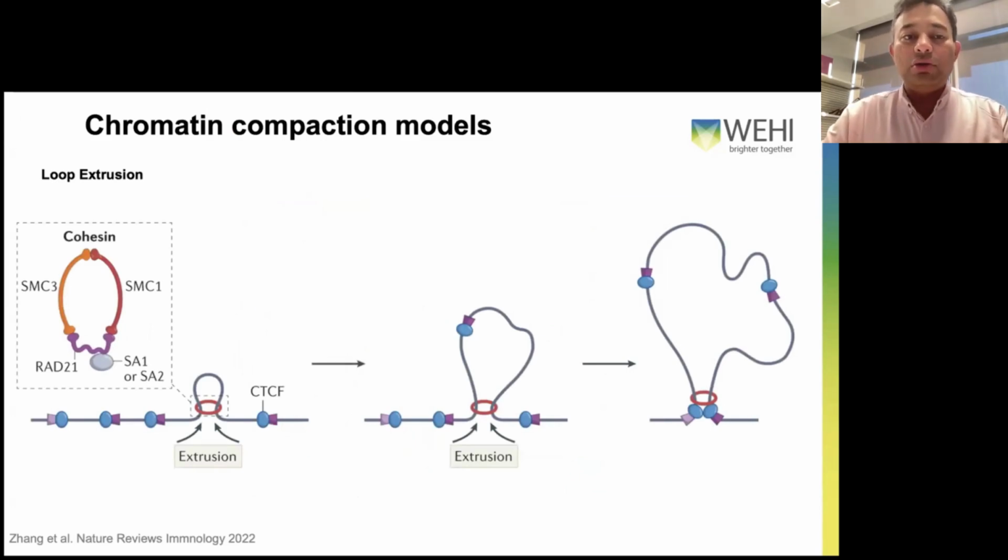There are two models out there in the field. One is based on SMC proteins, where it happens via loop extrusion: you have SMC proteins, for example cohesin, which come and dimerize a certain region of the genome, and then there is an active ATPase motor, and through that the loops are extruded and DNA compaction happens.